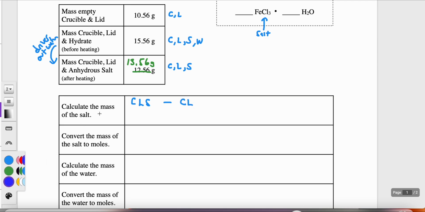So for this problem, the mass of the crucible, lid, and salt is that corrected value of 13.56 grams minus the empty crucible and lid. So 13.56 minus 10.56 leaves me with a mass of 3.00 grams of the salt.